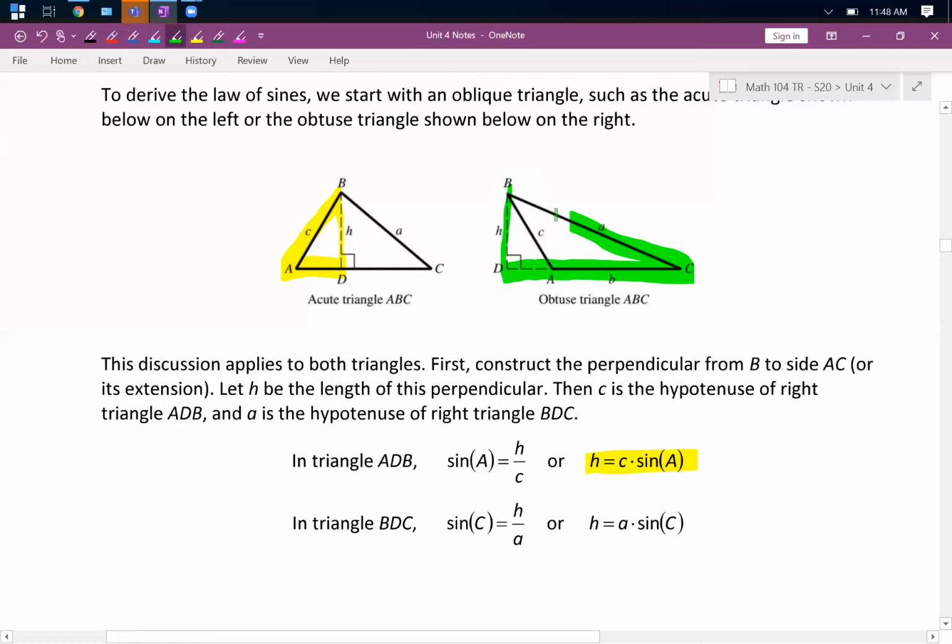All right, sorry. I want to look at the big right triangle here. And I'm going to use angle C as my reference angle, but still doing SOHCAHTOA. So from angle C, if I want to do sine, opposite over hypotenuse, I get sine of C equals H over A, and then I can solve that equation for H, and I get this right here.